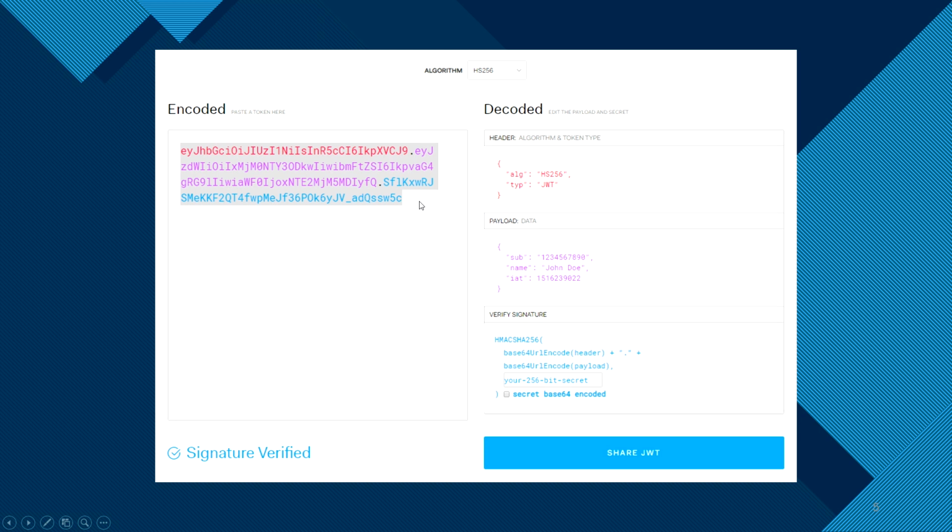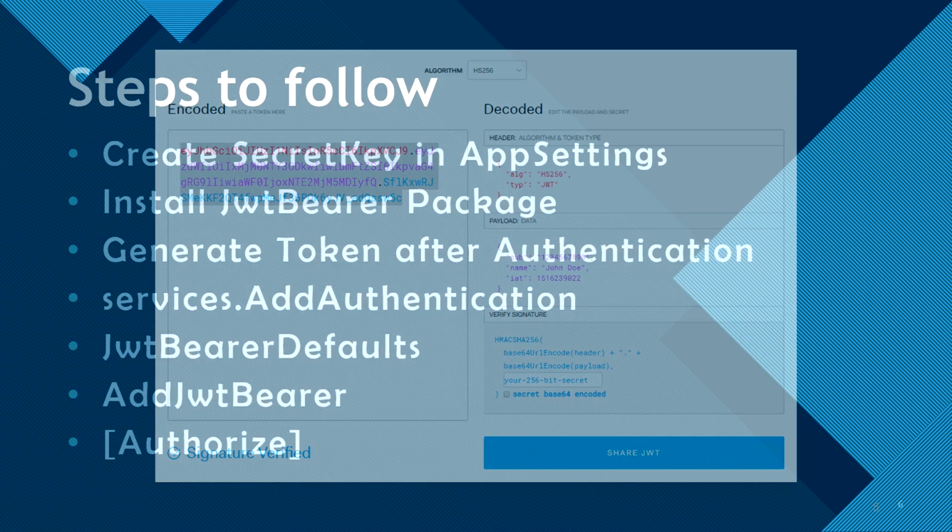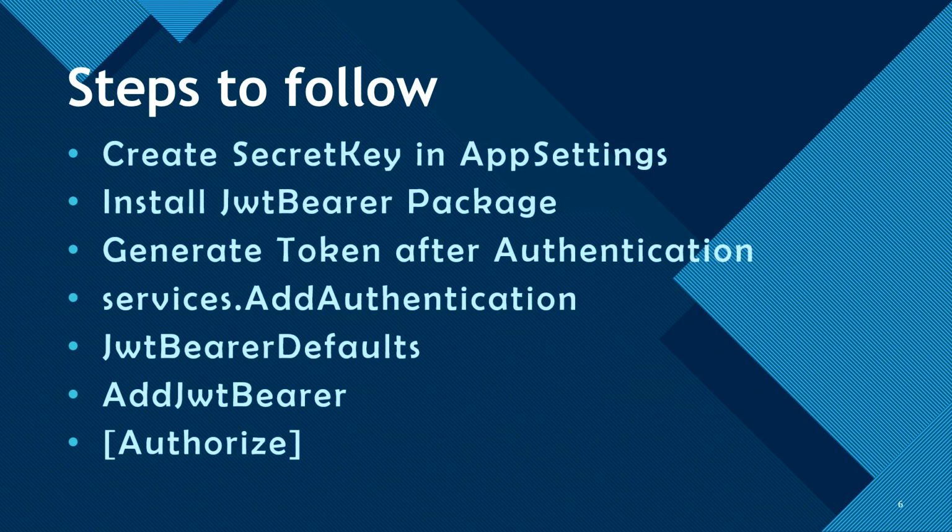All right, so how do we integrate this JSON Web Token in our ASP.NET Web API? The first thing you should do is create a secret key which only the server has, and then you install the JwtBearer package to create the token after authentication, and this token needs to be sent back to the client.